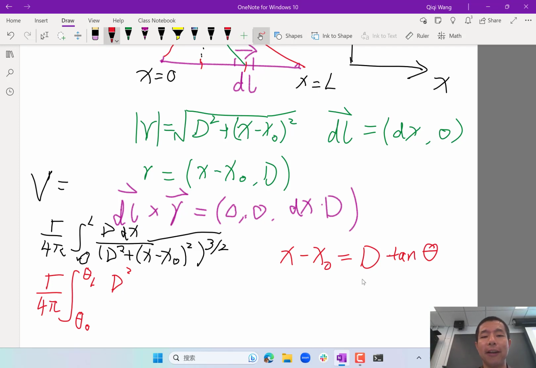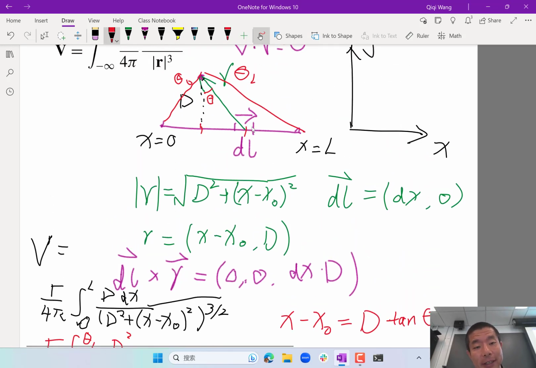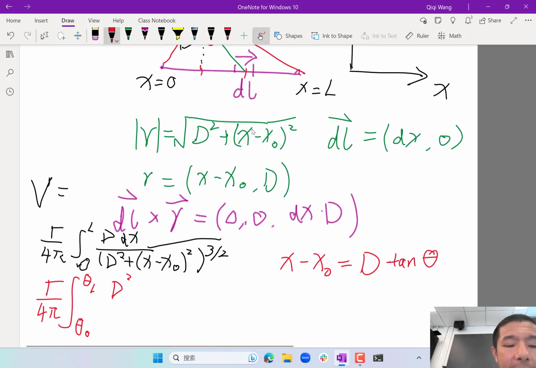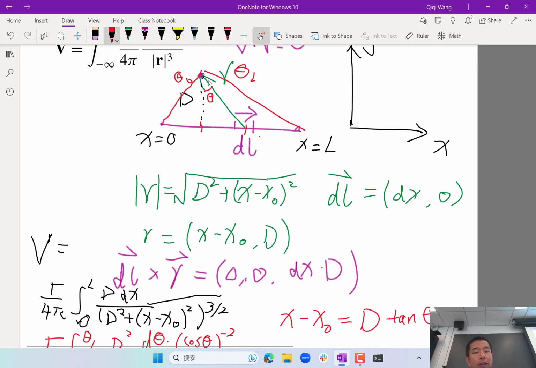You can usually use a diagram to figure out what is d of tangent theta, right? So if theta increases by a little bit, the d tangent theta is basically the increment in x, right? And you can draw some triangles to figure out this is d theta times cosine theta to the negative 2nd power, right? So basically you need 2 divisions by cosine theta to get this segment. One to get the length of this green line, and the other to go from the d theta, which is the radius over here, to the x direction distance.